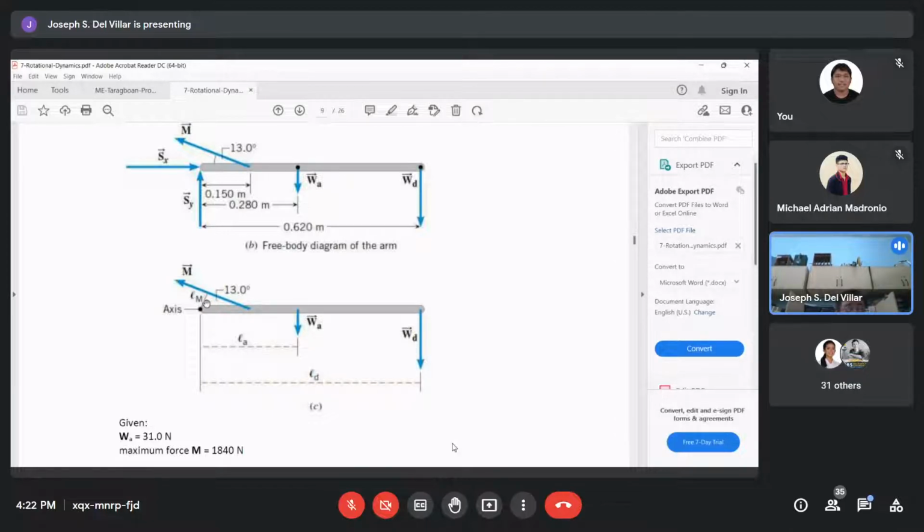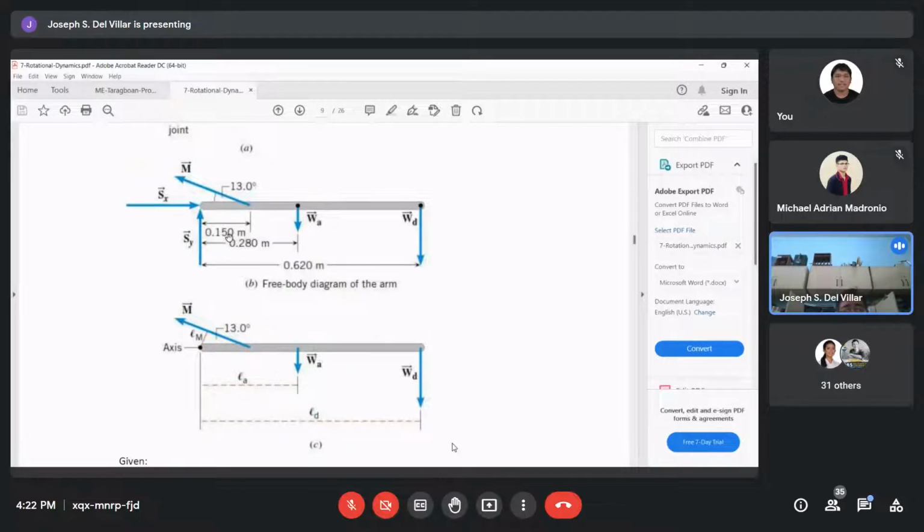Okay? So you have to compute that, or meron bang ginawa tayo kanina? What did we do with the force, yung naka-incline? Anong ginawa natin para halimbawa, ito baga 0.15, di ba? Yung point ng deltoid muscle up to the shoulder joint is 0.15.